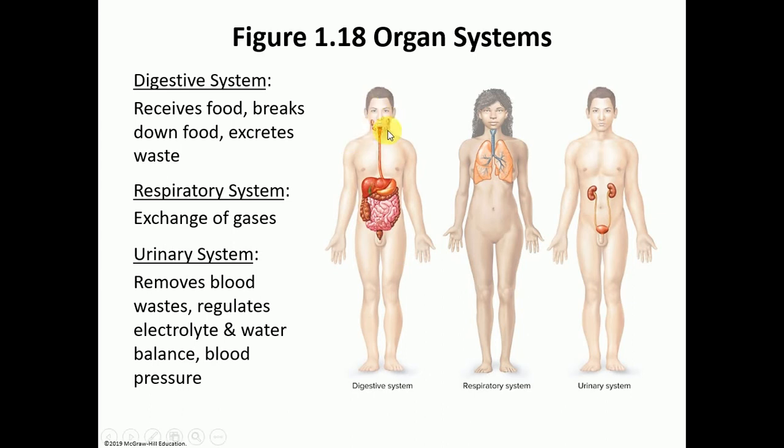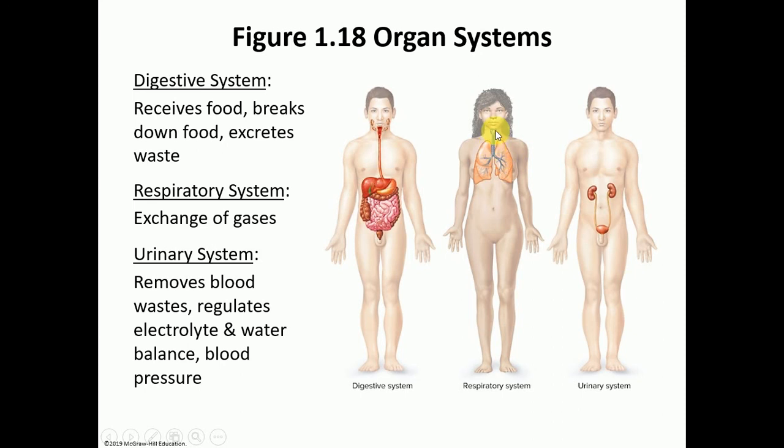So you want to keep that in mind when we talk about the digestive system. For the respiratory system, it's made out of different parts. Going over the main organs, there are the lungs, the trachea, the larynx. All of these are parts of the respiratory system, and it is important for the exchange of gases, oxygen and carbon dioxide.